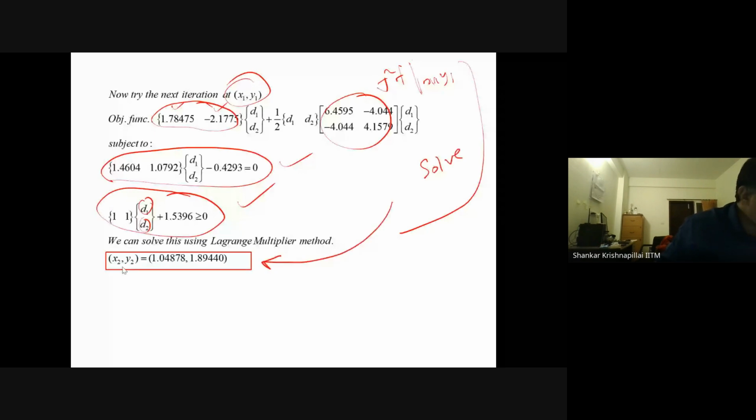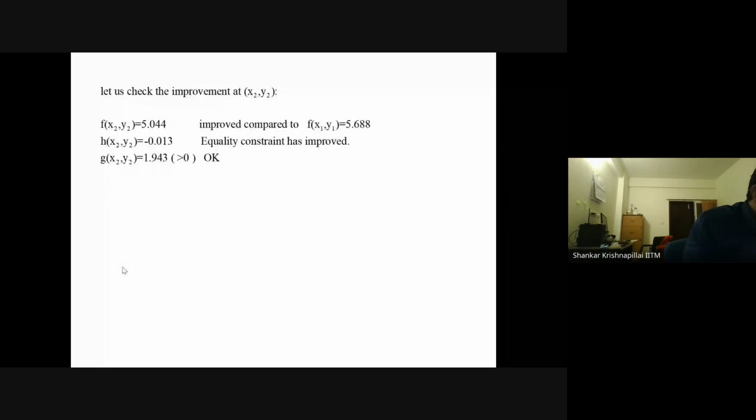Let us check the improvement at x2, y2. You can see that the objective function value has reduced to 5.044, whereas in the previous iteration it was 5.688. The equality constraint violation has become less, now it is only 0.013.